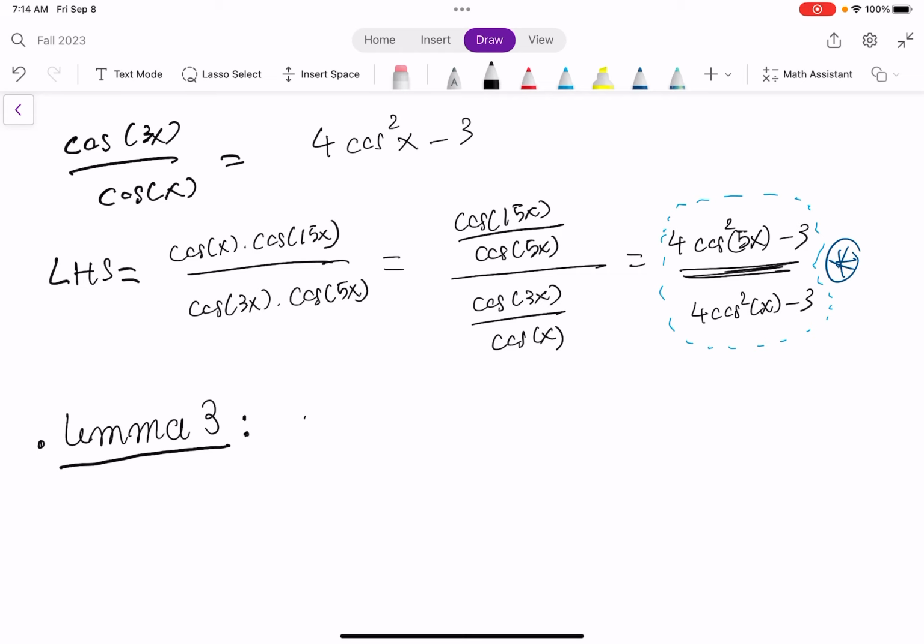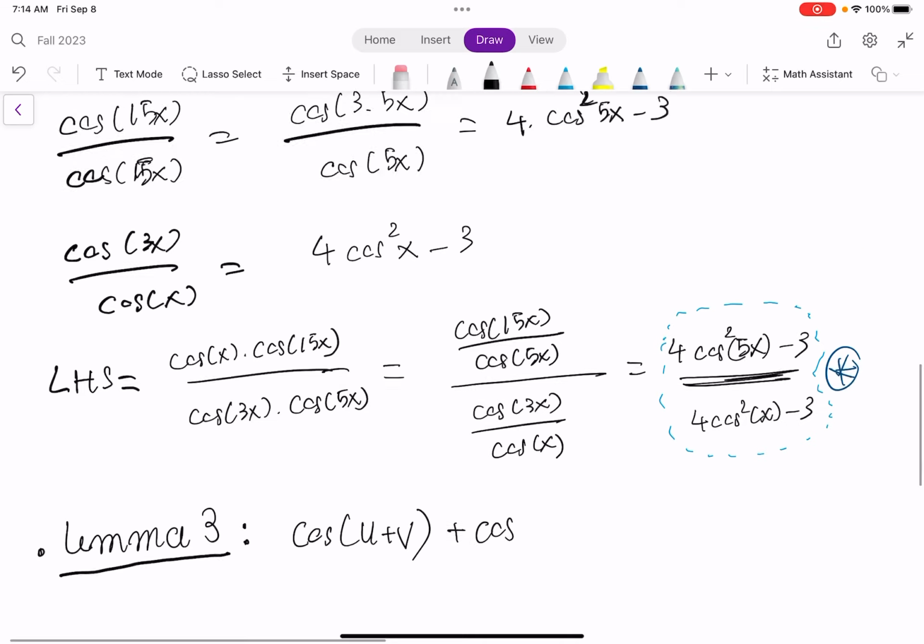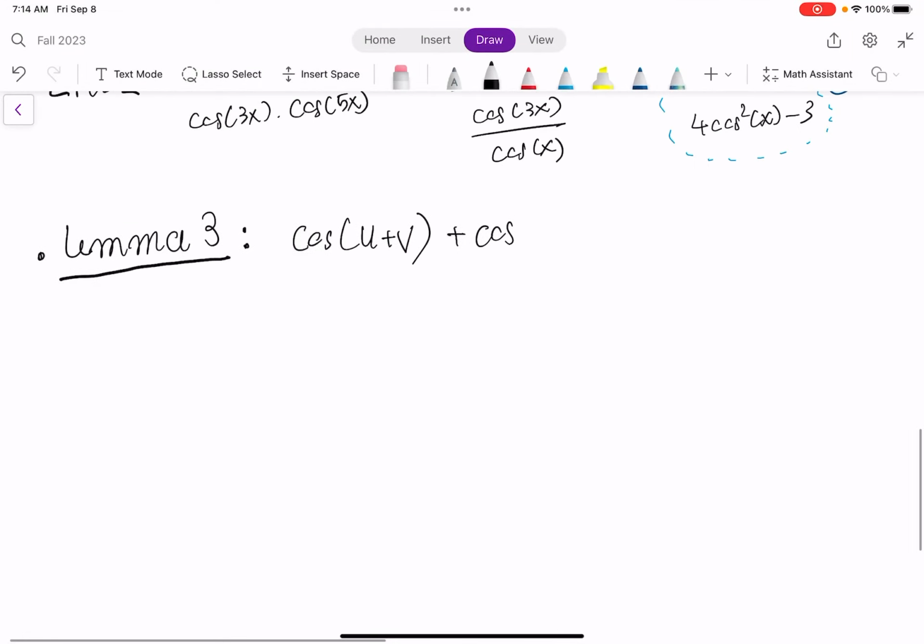So I'm interested in this sum: cos(u plus v) plus cos(u minus v). Okay, so let's go ahead and expand it and see what we get.